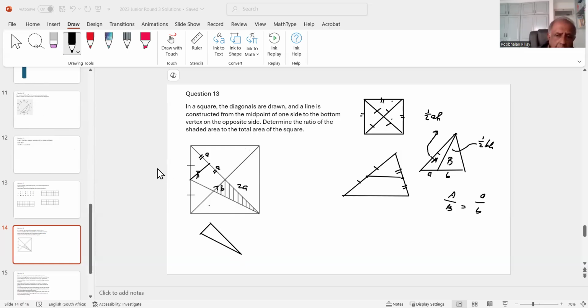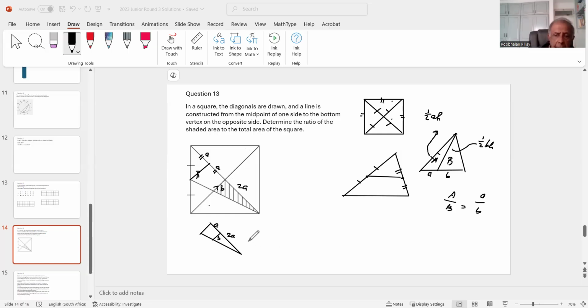And earlier on, I told you that with a parallel line, the ratios are the same. So this small triangle is similar to the large triangle. They've got the same angles. So this is 2A, there is A here, and I've got B here.